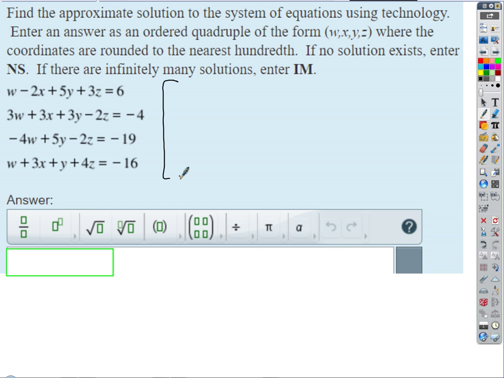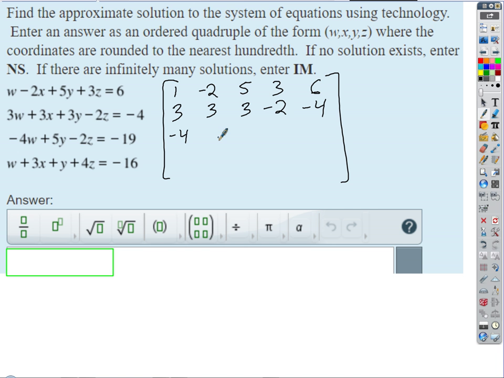In the order dictated by standard form, what are the coefficients of the first row? 1, 3, 6, 6. Okay, next. 3, 3, 3, 4. Next row. 4, 0.